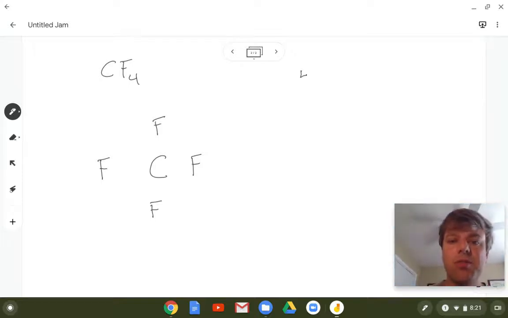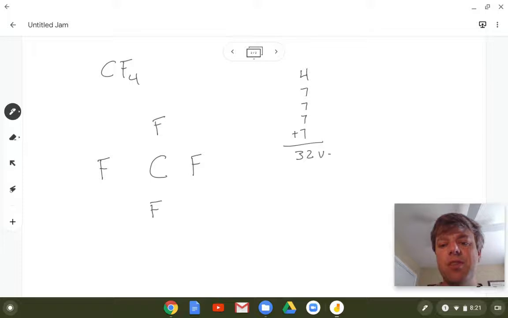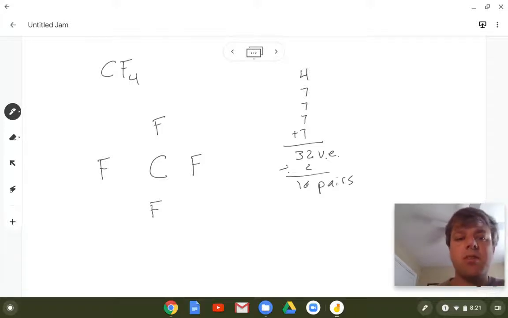So the carbon has 4, plus each of the fluorines has 7 valence electrons. So we add all those up, and that's going to give us 32 valence electrons, or 16 pairs. It's a lot easier just to count pairs.